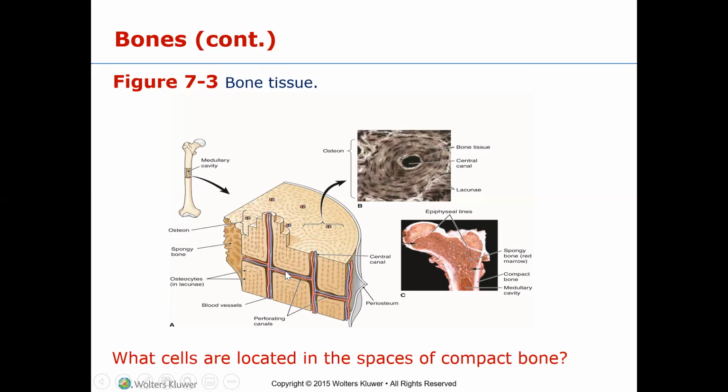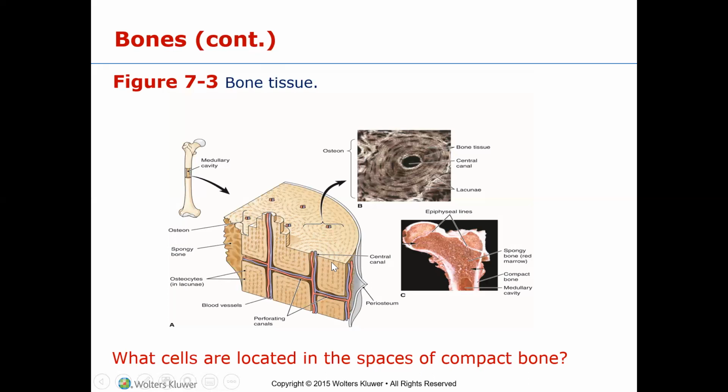And so they allow for blood flow back and forth between those. So it allows for calcium to be resorbed and other minerals like phosphorus and magnesium to aid in bone growth.